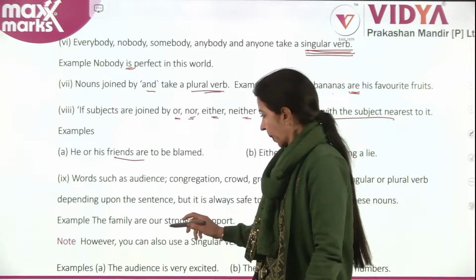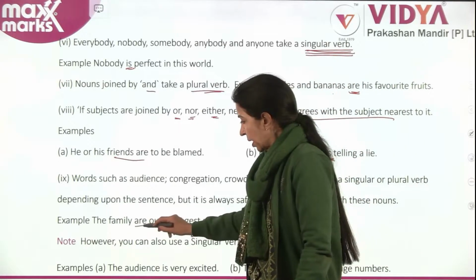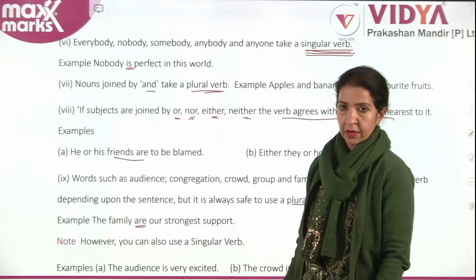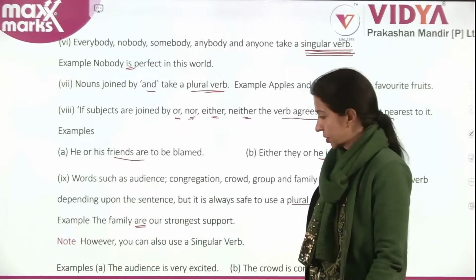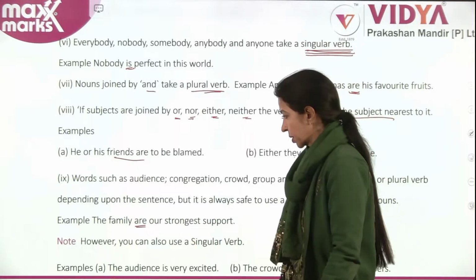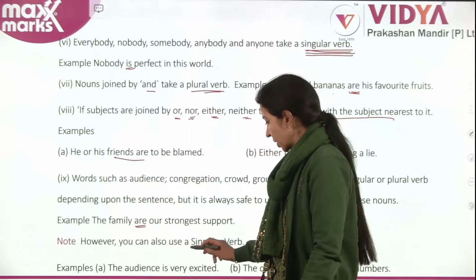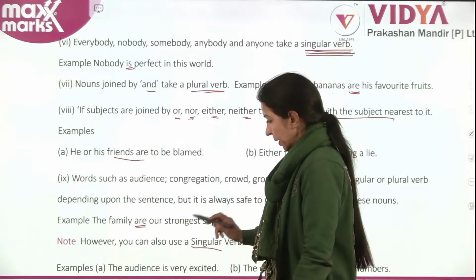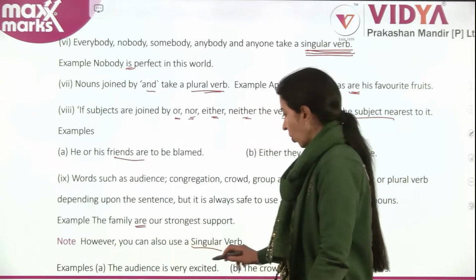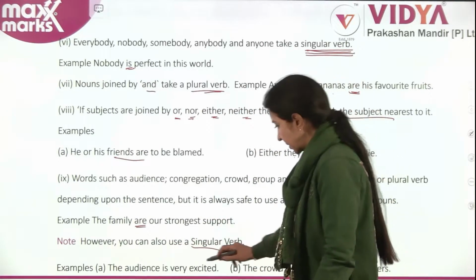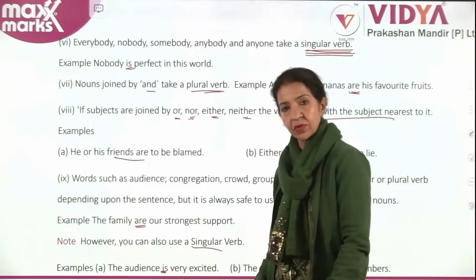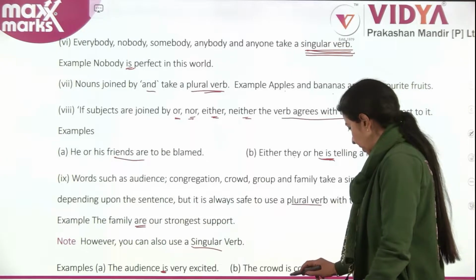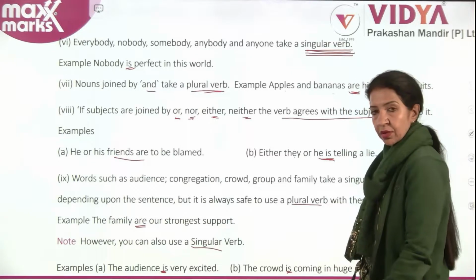Example: the family are our strongest support. However, you can also use a singular verb. Next, examples: the audience is very excited. We are using is with it. The crowd is coming in huge number. Is, we are using with the crowd.